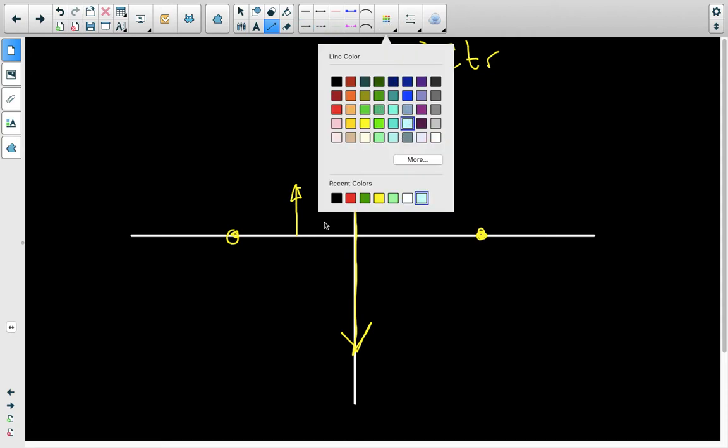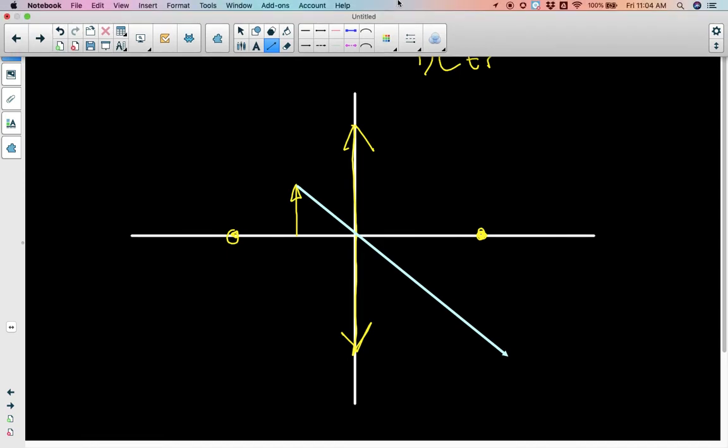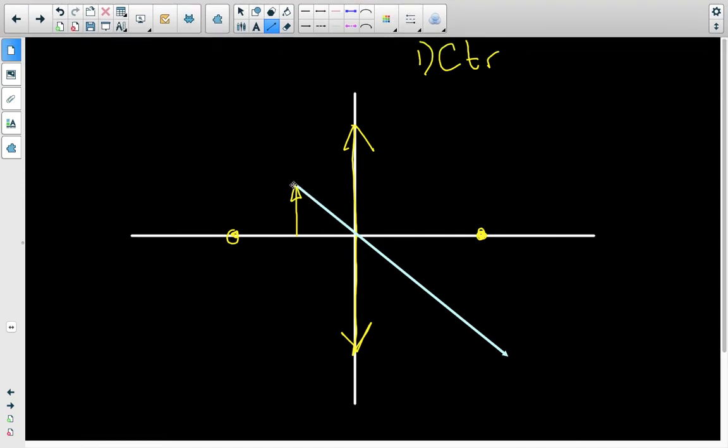Okay, so I'm going to draw a ray from the top of that object straight through. It doesn't bend. The second one goes parallel till it hits the center of the lens and then goes down through the focal point.